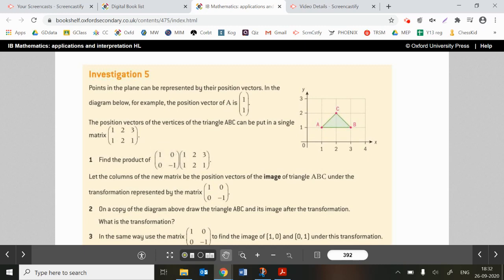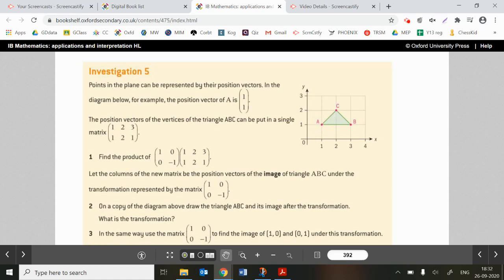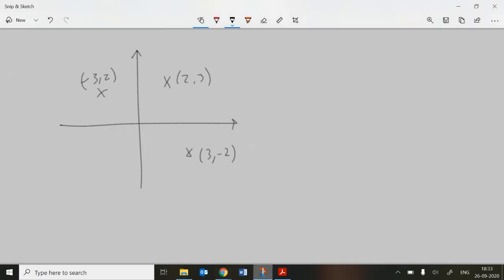You can write that set of points in one complete matrix there. So you can see here they've come up with A is 1, 1, B is 3, 1, and C is 2, 2. And they've just written that down in this matrix here, 1, 1, and then they've gone to C actually 2, 2, and then to B 3, 1. So they put it in a condensed matrix format. And this works in that format as well, which we can look at in a bit.